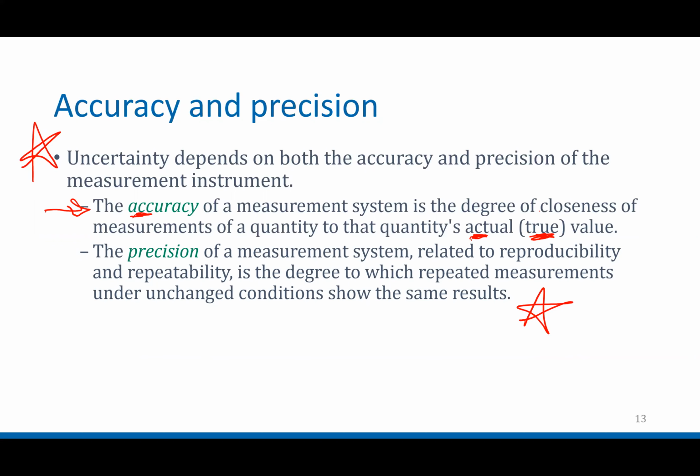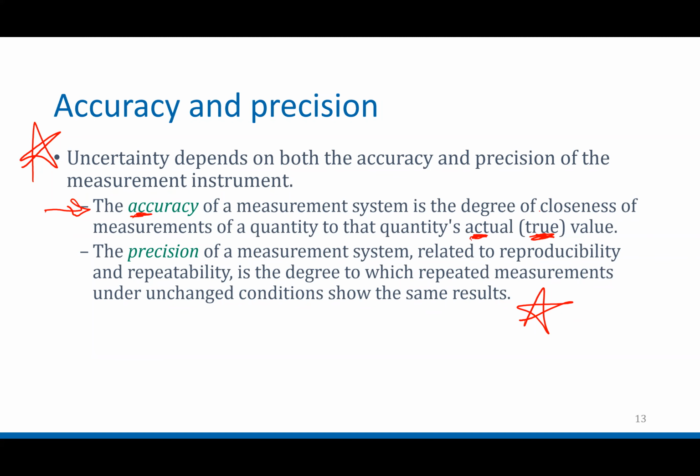And you were getting a number that was very far off the true value, you know that that's not accurate, okay? If you knew that you weighed, let's say 70 kilograms, and you went to the doctor and he or she weighed you, and the doctor said you weighed 100 kilograms, and you knew that wasn't true, that's not an accurate number.